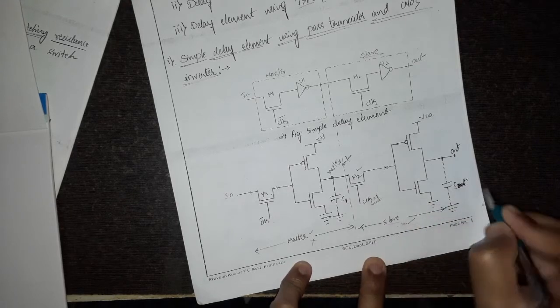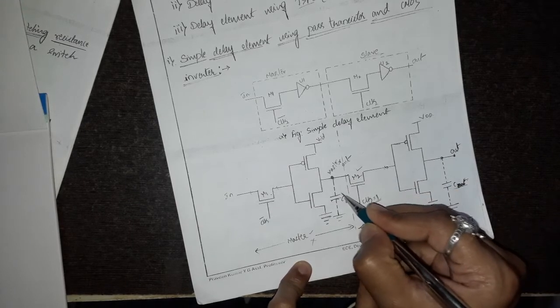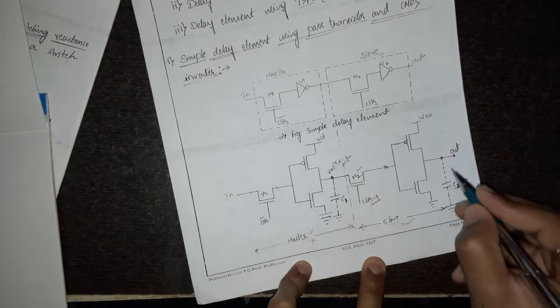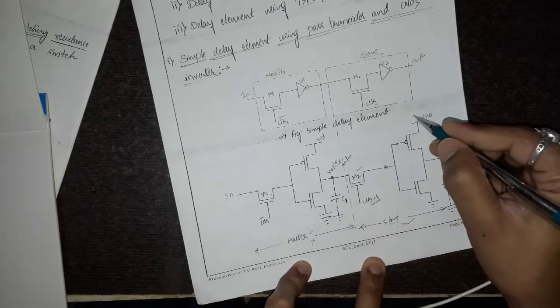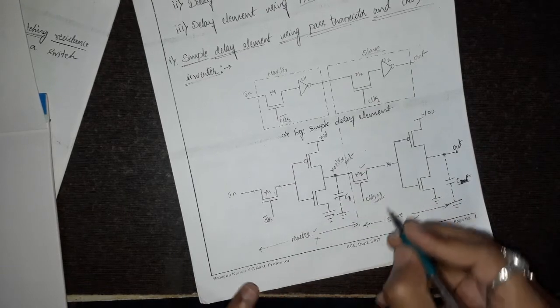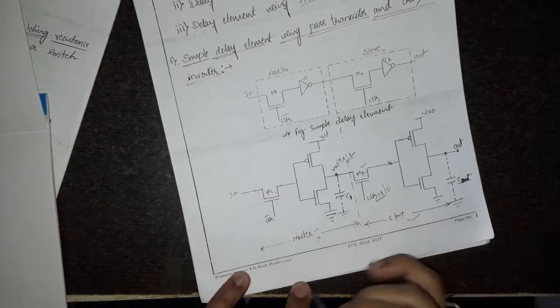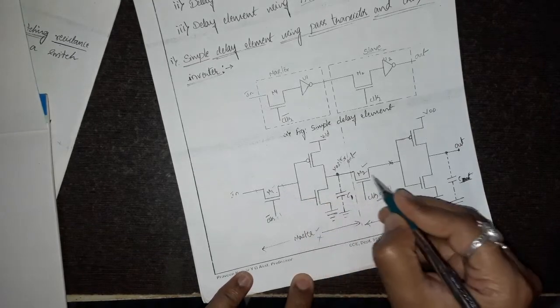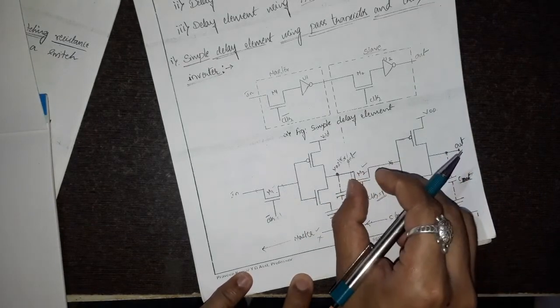Thus, the voltage across C1 will be passed on to the slave inverter, and C out will obtain the voltage from the slave inverter. On the other hand, when clock is made 0, clock bar becomes 1, so M1 will be in on condition and M2 acts as an open circuit now.